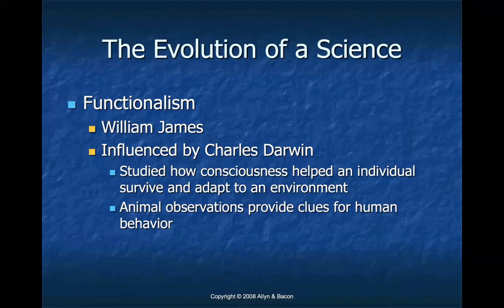Now, some of you may have not had biology for a real long time, so I'm going to just throw in one little thing that I guarantee will be on a test somewhere. When we talk about survival of the fittest, which is a key to Darwin's theory and also a key to William James' research, survival of the fittest doesn't mean just that an adaptation took place. It means that you were able to reproduce and pass on that genetic code to another generation.